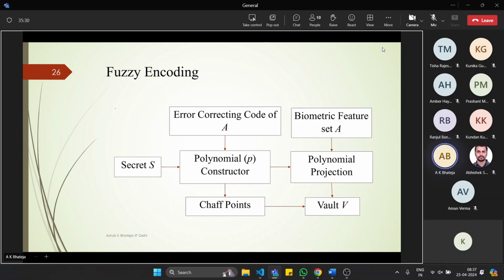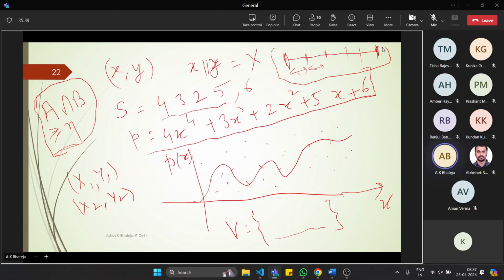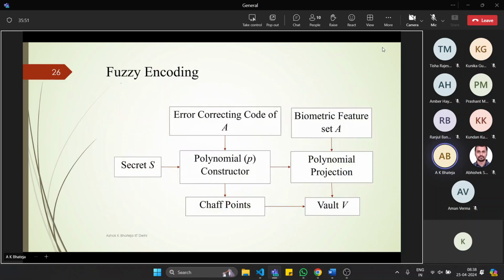So you have to use error correcting code also, as I have shown in the previous example. This one is the CRC, so this is the error correction code. The actual secret is this thing. After adding the error correction code, this is the polynomial P.